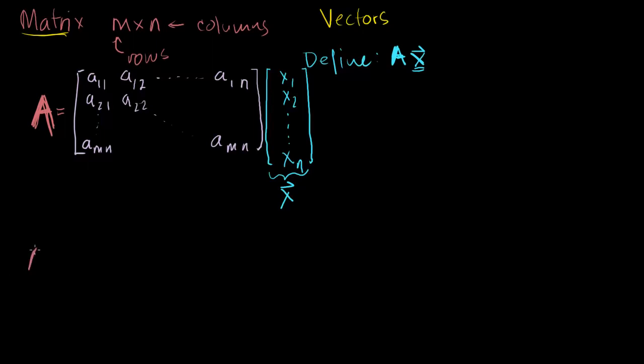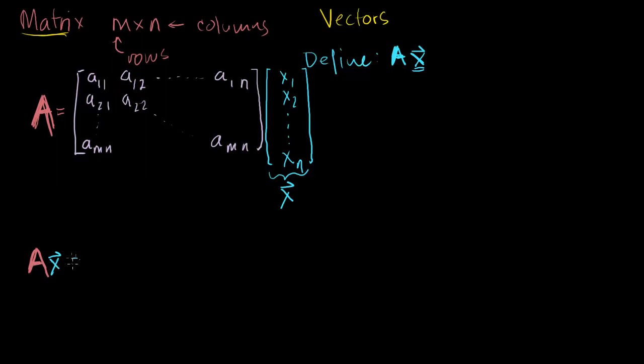So we're going to define A times our vector x. This is a matrix, that's a vector. The convention, if I didn't draw the little vector symbol, in your textbooks they'll just bold the x. Lowercase is vector, uppercase is matrix. Both of them are bolded. That tells you that you're not just dealing with regular numbers.